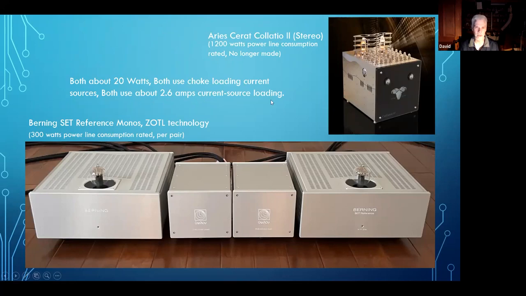Both use choke loading current sources, and both use about 2.6 amps for the current source loading. Now the ZOTL converts this 2.6 amps to roughly maybe 50 or 60 milliamps in the 845 tube, but the current going through the ZOTL is 2.6 amps. And for the other one, if you add all these tubes together, what they're claiming is that the total current idling through all those tubes in parallel is 2.6 amps.